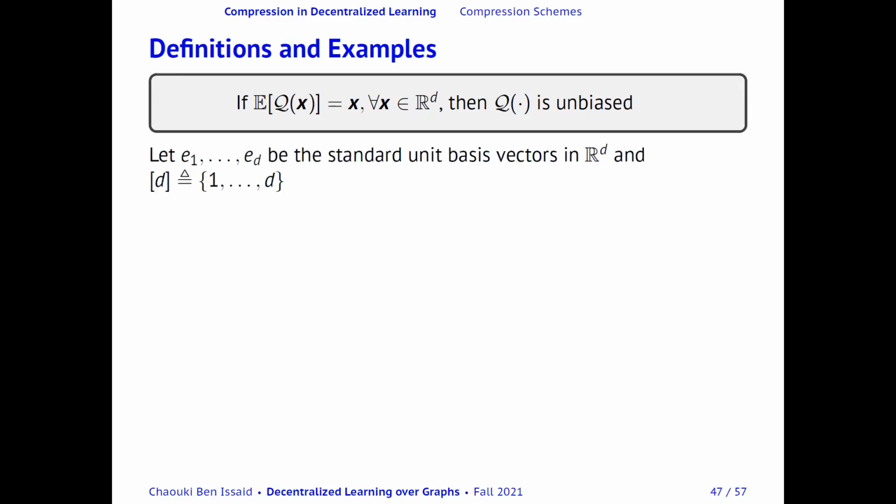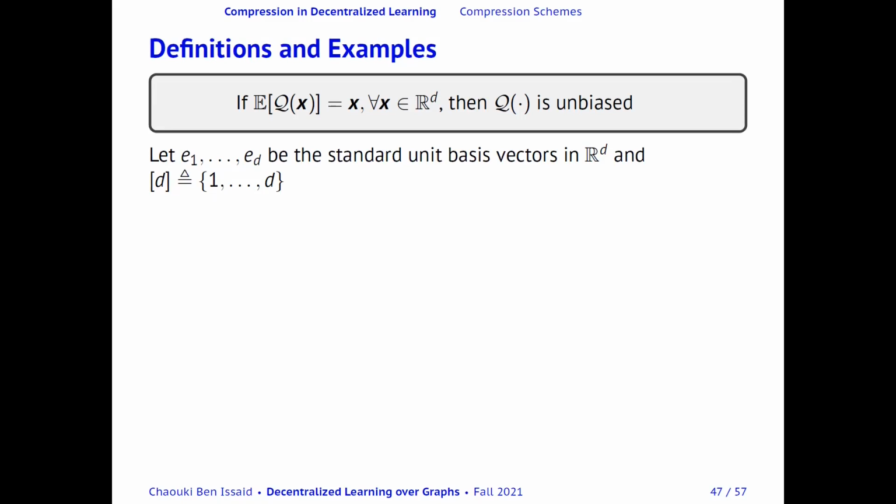Let e_1 until e_d be the standard unit basis vectors in R^d, and [d] between brackets denotes the set of integers from 1 to d.